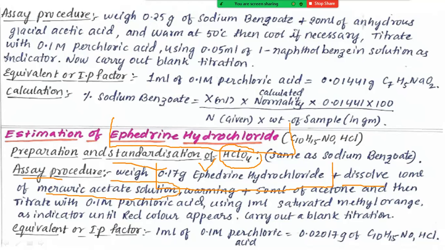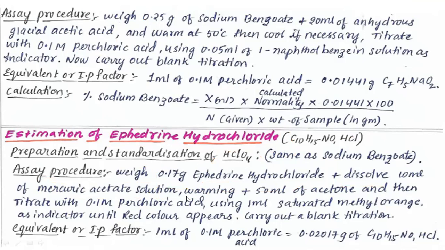This is the important point we need to remember: mercuric acetate is used to dissolve ephedrine hydrochloride. After that, we heat the solution to around 30 to 35 degrees centigrade, then add acetone solution and finally titrate with perchloric acid.